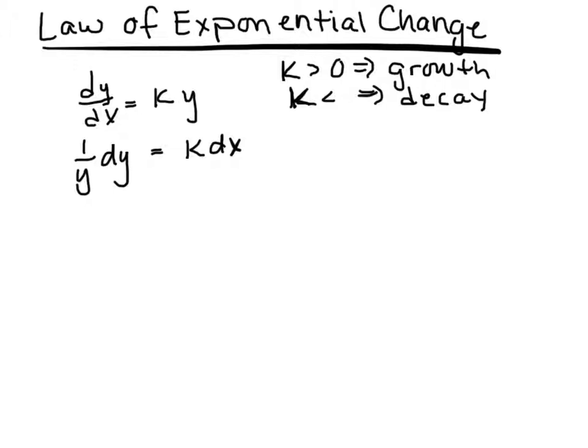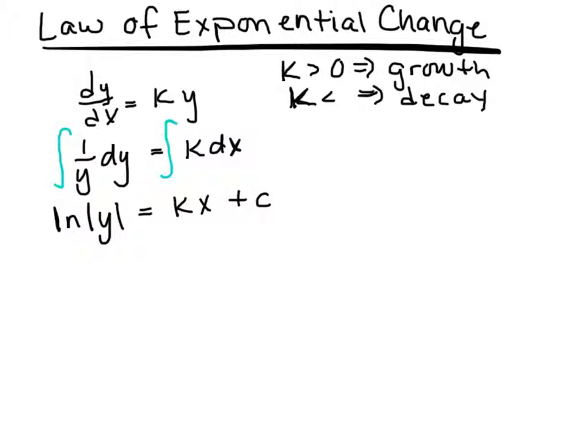So now we're going to integrate both sides, the left side with respect to y, the right side with respect to x. On the left, the integral of 1 over y would be the natural log of y, equals the integral of k, which would just be kx plus some constant.